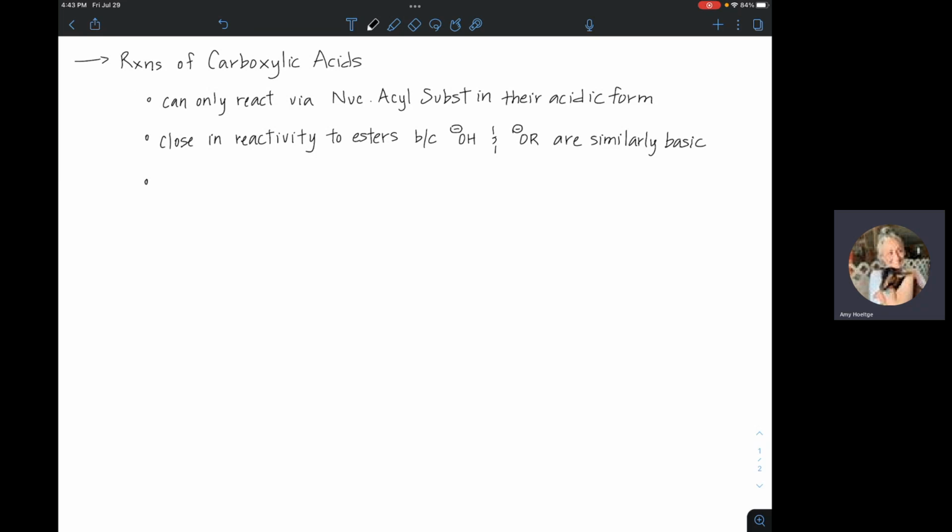The other thing that's worth noting is that we can get a carboxylic acid to react with an alcohol, just like we did with an ester reacting with water, hydrolyzing the ester to form the carboxylic acid and the alcohol. We can get the carboxylic acid, RCO2H, to react with an alcohol, ROH, to make an ester.